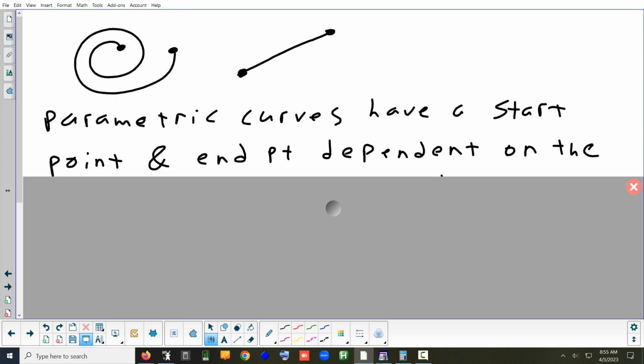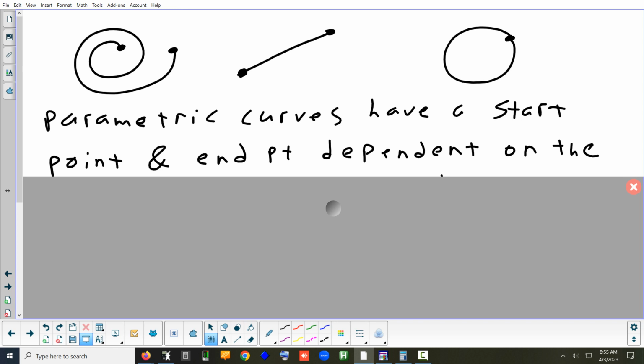Even if I draw a circle, even though the start point and the stop point are different, it still has a start point and a stop point. They're just the same point. So that's part of what we need to figure out when we draw one of these curves. Where does it start and where does it stop?